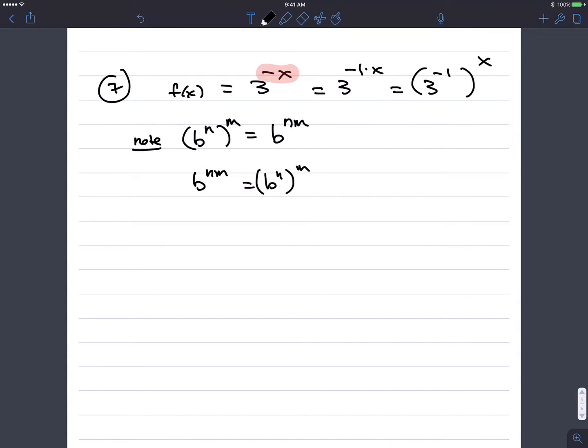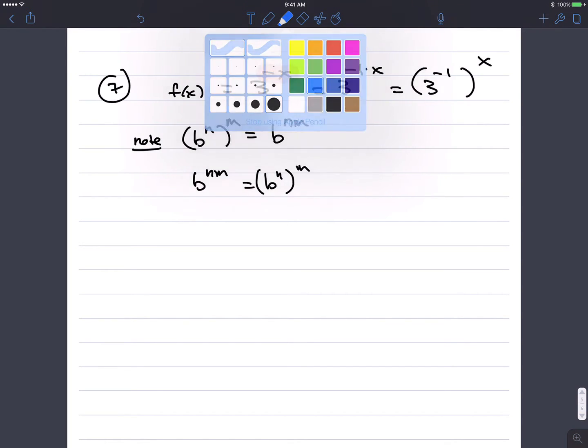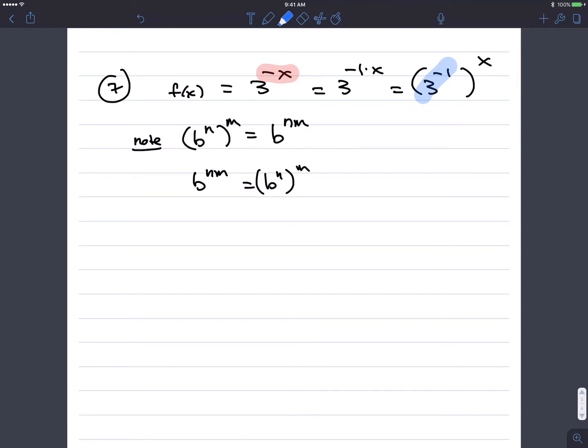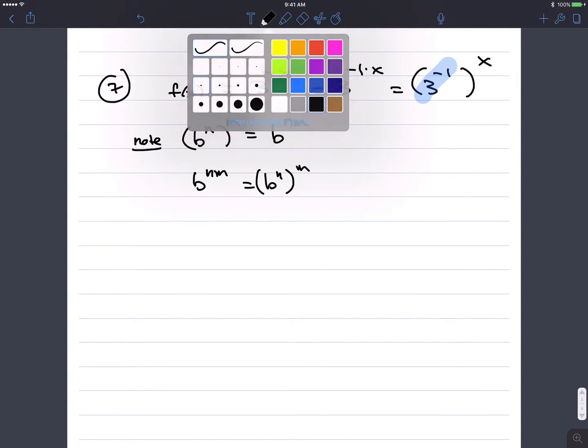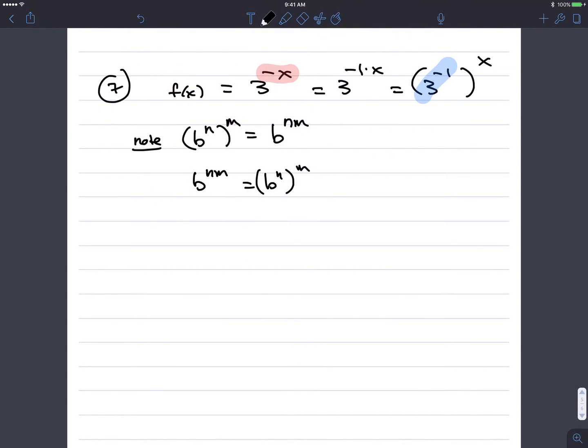And you guys know, what is any base to a negative power? Right here, it's 3 to the negative first power. You guys know what that is? This is 1 over 3 to the positive 1 power. So don't forget, this is in parentheses with the variable x. So what I'm showing you is that this function really is (1/3) to the x power.